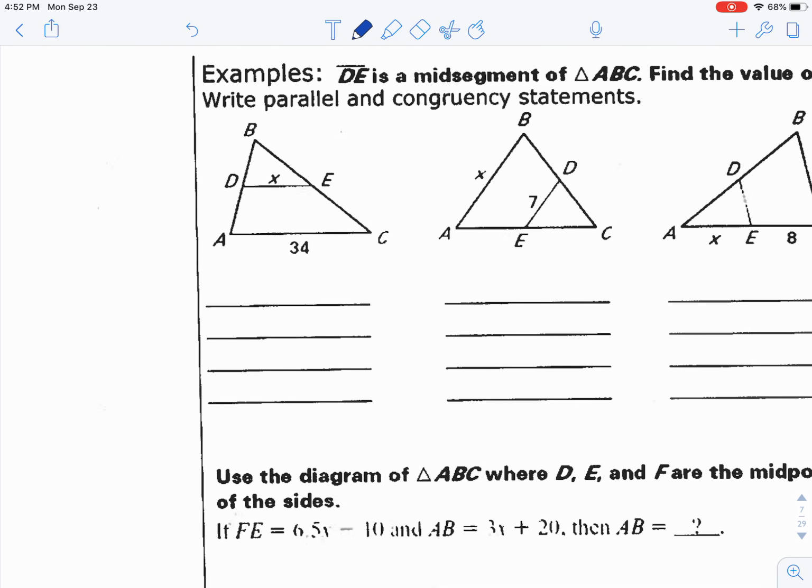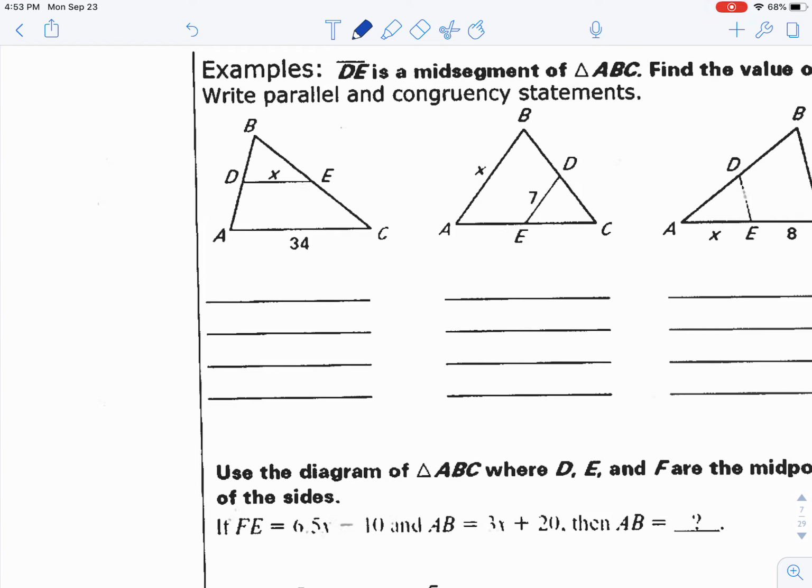On the front of notes, we learned that the midsegment theorem says that the midsegment is parallel to the third side and half as long. We learned that about the midsegment, that it's parallel to the third side and half as long.